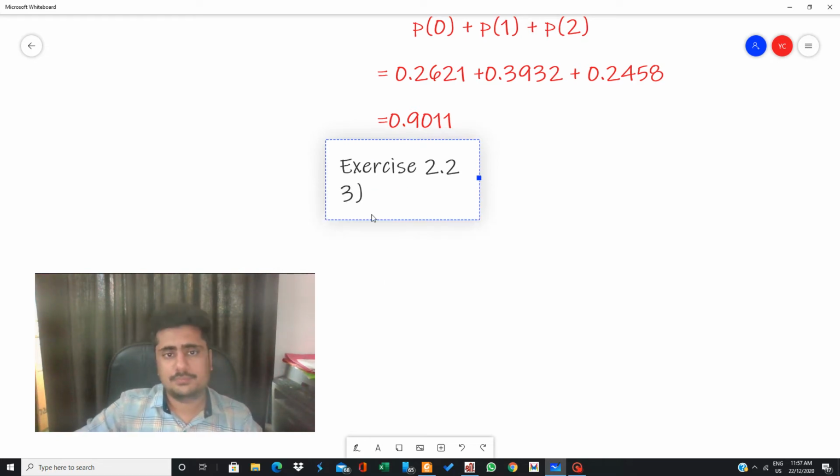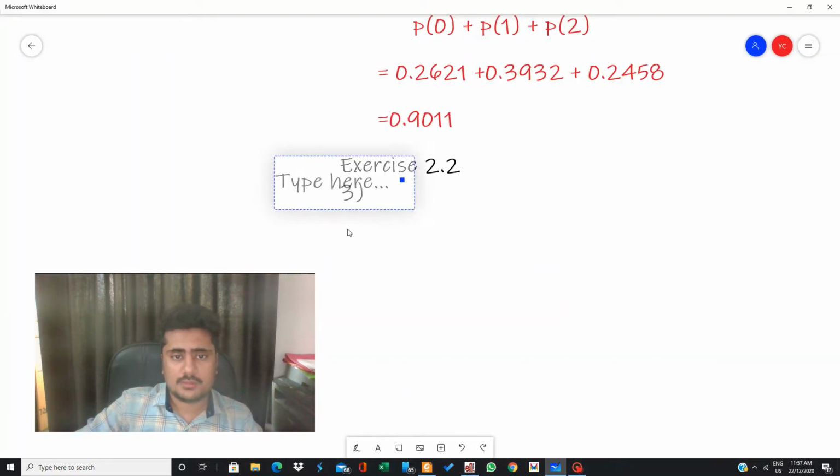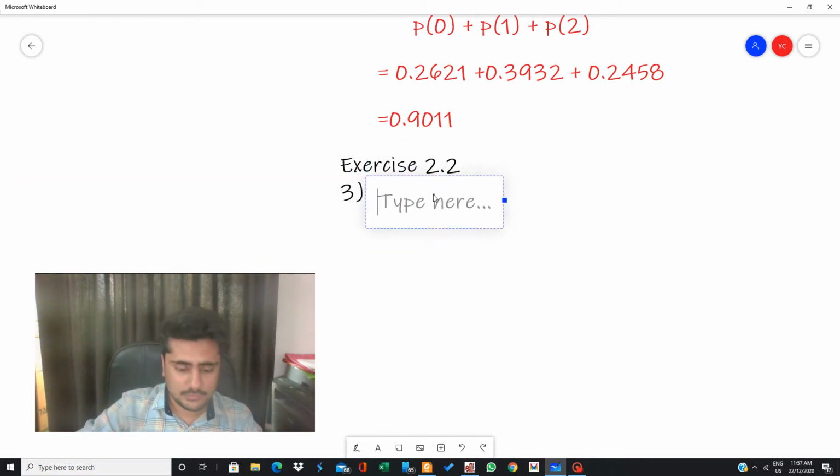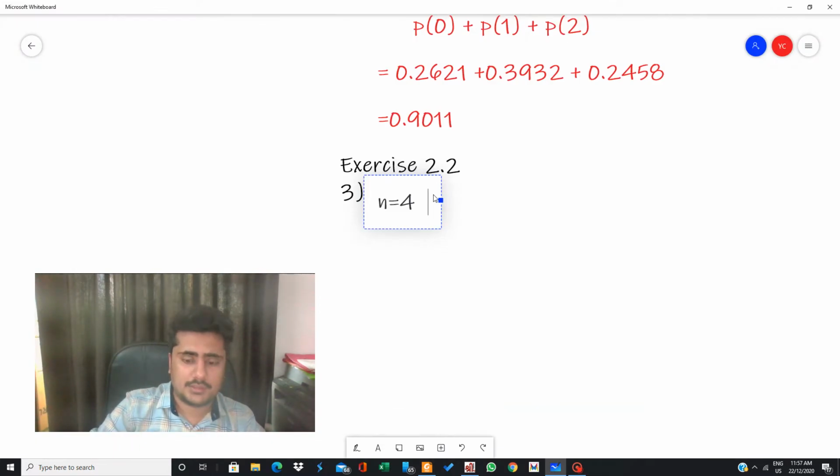Third sum. Now in the third sum, a person had kept 4 cars on rent. n is equal to 4. Probability that a car is rented during the day is 0.6.